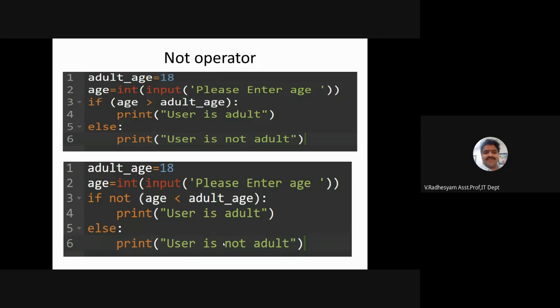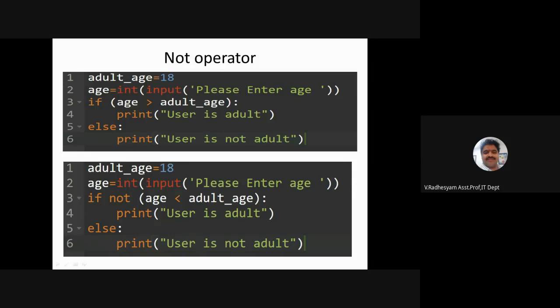The same program we can use with negation also, like how we use negation in discrete mathematics. Here, not means this condition is not to be followed.